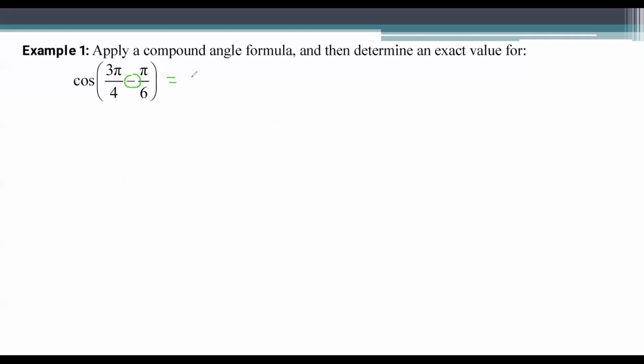So using the compound angle formula, we're going to get cosine of x, so 3 pi over 4, times cosine of y, which is pi over 6, plus sine of x, which is 3 pi over 4, times sine of y, which is pi over 6. Correct?